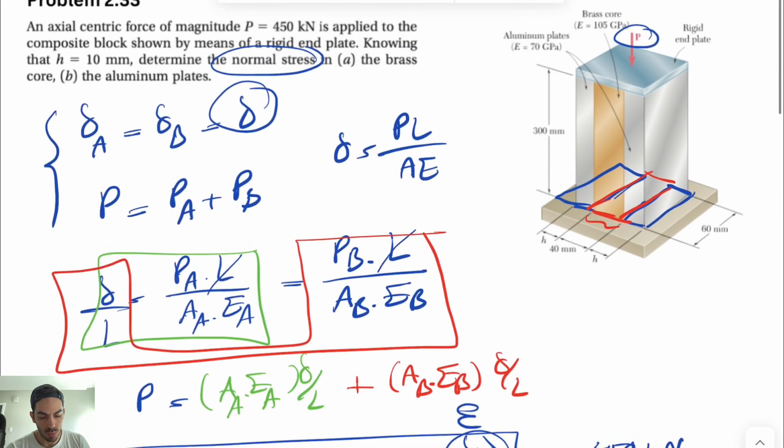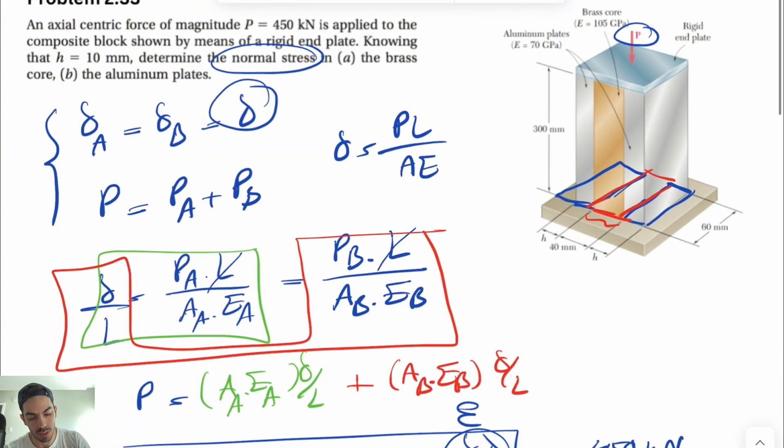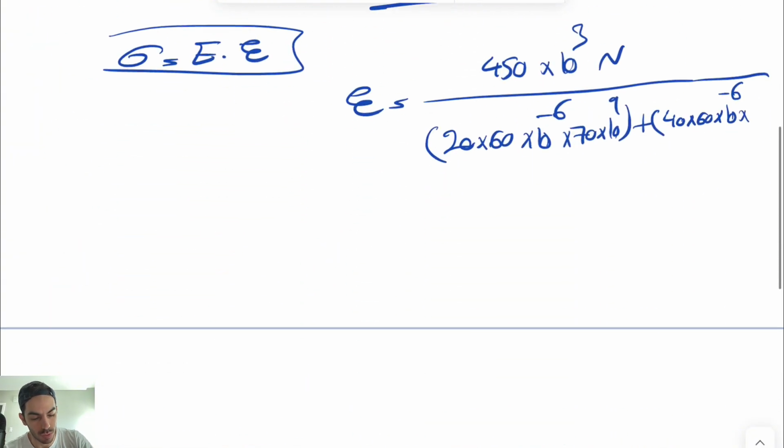And the brass elastic modulus is 105 gigapascal, so 105 times 10 to the 9. And this should give us the value of the strain that we were looking at.